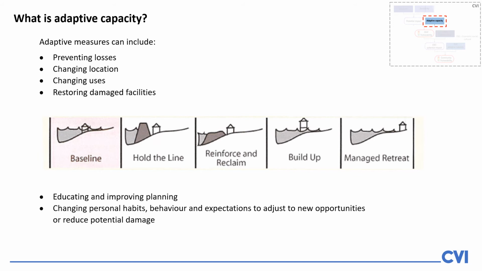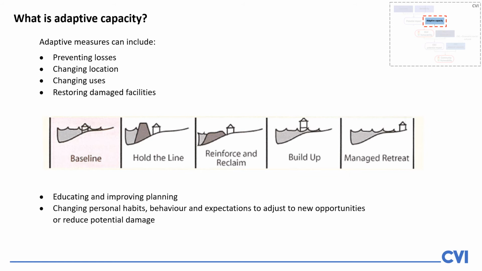And so there are a number of things we can do for adaptive capacity. We can hold the line by building something. We can reinforce and reclaim the area, in other words, bring the land out. We can build the structure up so it's less impacted. Or we can actually move it, what we call managed retreat. So each of these are options for adaptive capacity.